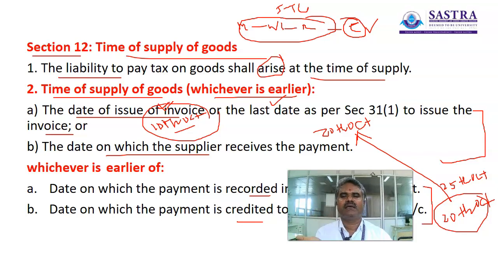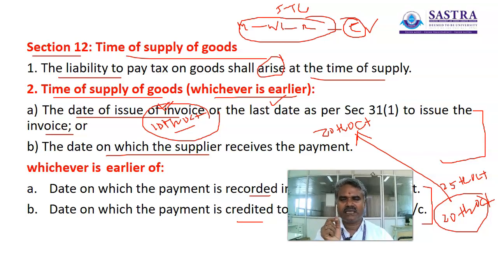Once again I will repeat: you have to take whichever is earlier. One is the day of issue of invoice, or the last day. The last day is nothing but the 30th day from the date of supply. From the date of supply you have to prepare the invoice within 30 days. You take either that one or this one.